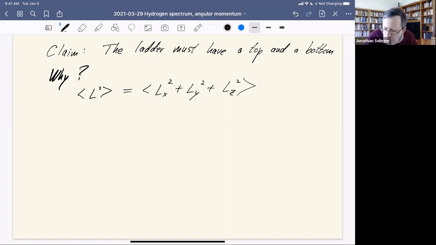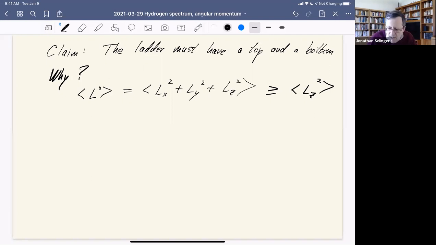And Lx squared and Ly squared are positive or zero, but for sure they're not negative. So this has to be greater than or equal to the expectation value of Lz squared.